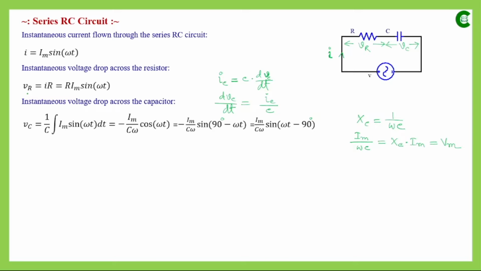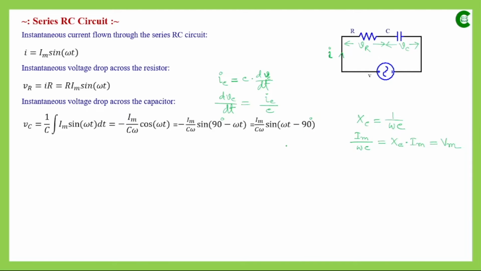There is no phase difference between the current and the voltage drop across the resistor. But if we compare this current, since this is a series circuit so it is the same current, and the voltage drop across the capacitor, we can see that the voltage is lagging by 90 degree. The voltage drop across the capacitor is lagging by 90 degree.